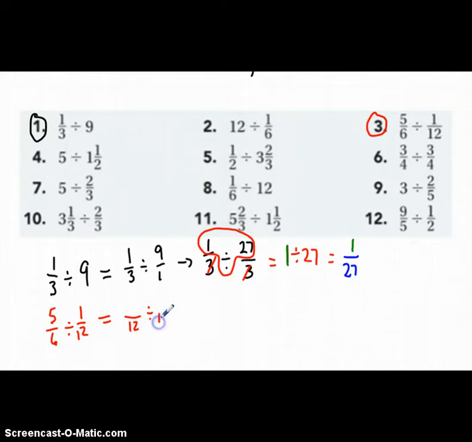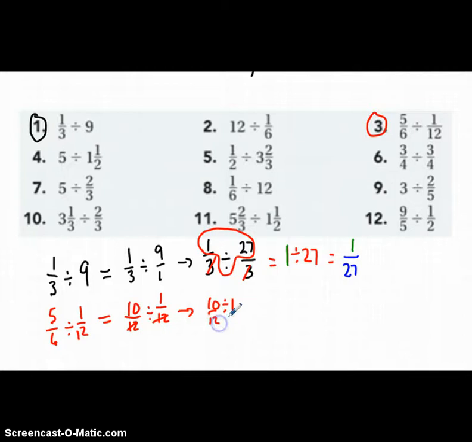So 12, we'll leave 1/12 there. 5/6 would become 10/12. So this actually means that I have 10 divided by 1 because my denominators fall off. The reason they fall off is because they're referring to the same number of parts now, and so I no longer need to consider them in my calculations.